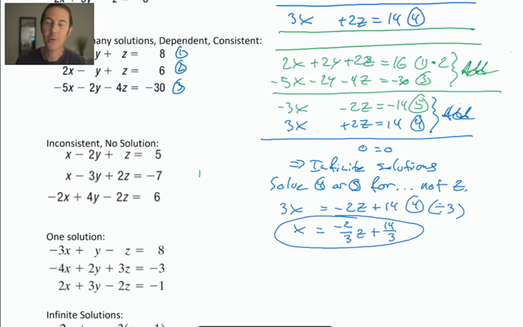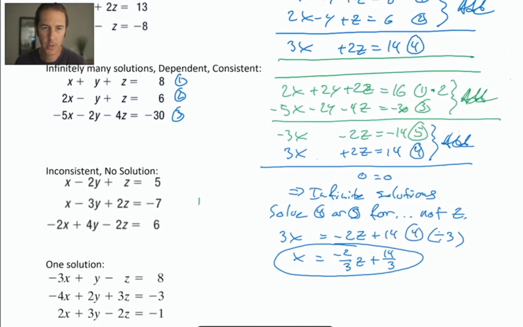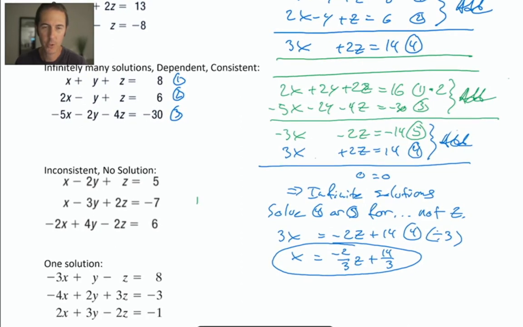And then I have to figure out what the y coordinate of my final answer is. How am I supposed to figure that out? I'm going to take this x value, plug it into any one of my 3 original equations, and then I'm going to solve for y.